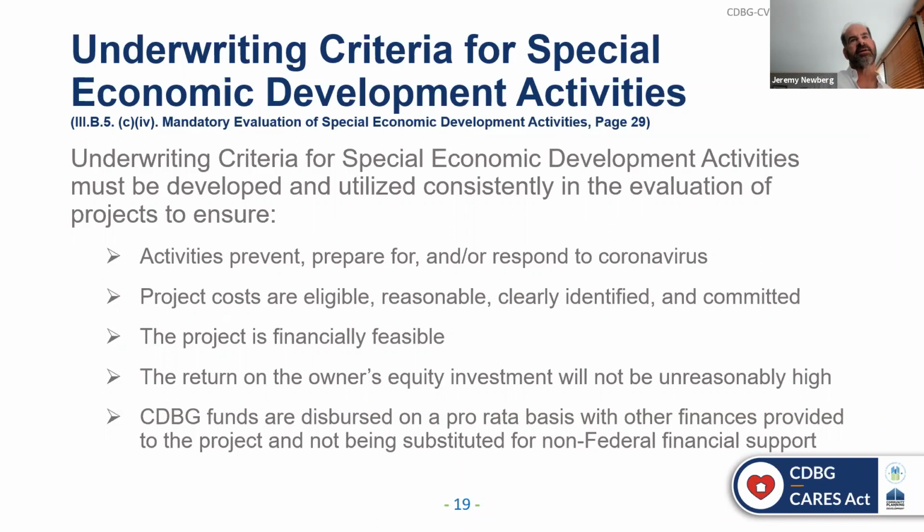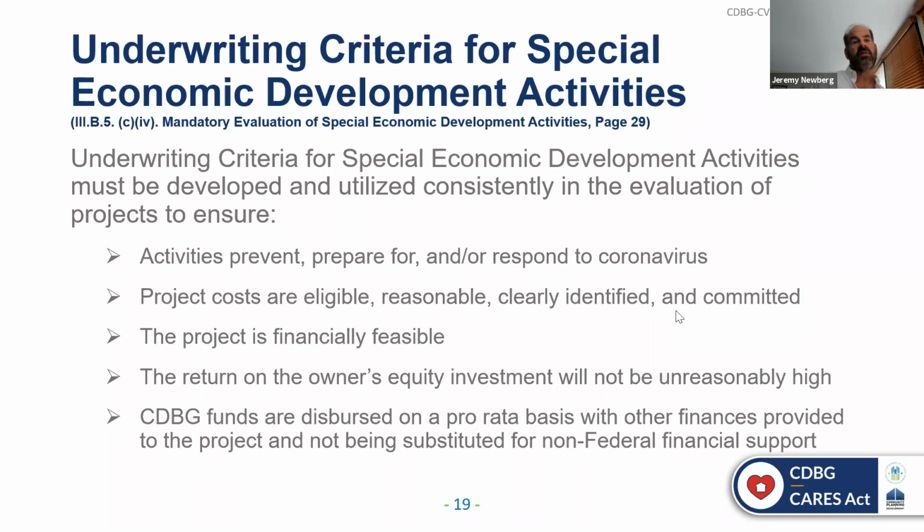So underwriting criteria for special economic development must be developed and utilized consistently in the evaluation of projects. And what HUD says is that your underwriting must include how the activities prevent, prepare for, and/or respond to the coronavirus. Cost reasonableness: the project costs are eligible, reasonable, clearly defined, and committed. The project is financially feasible.